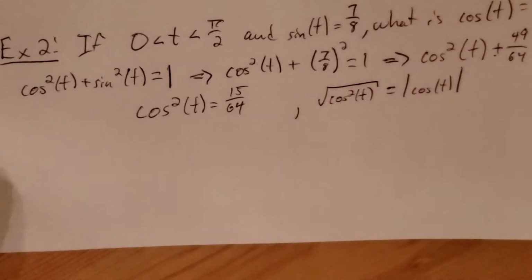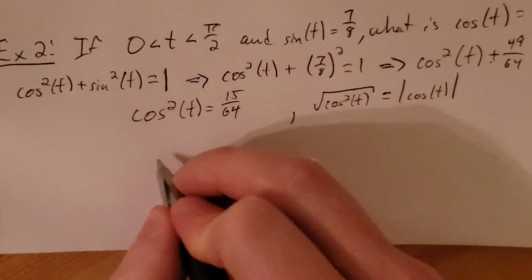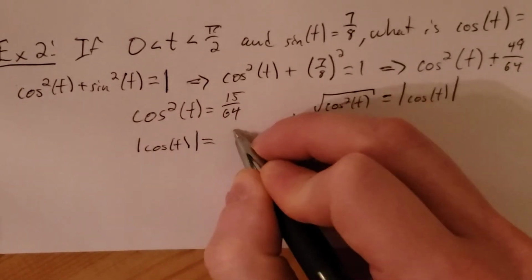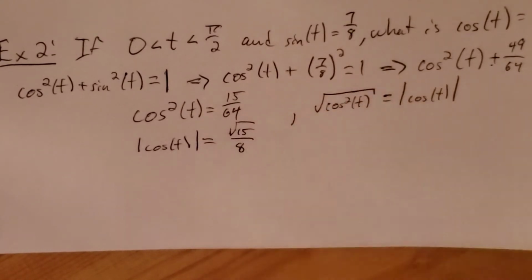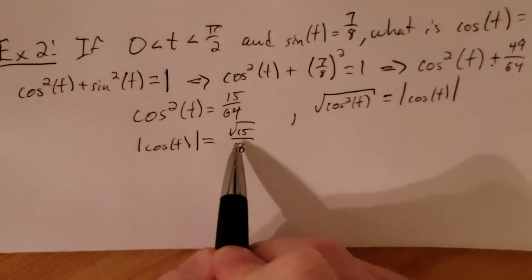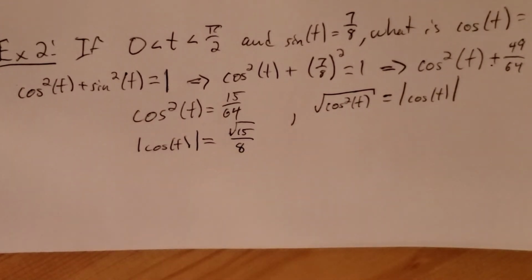So this is the absolute value of cosine of t. So the absolute value of cosine of t is equal to square root of 15 over 8. So then the question is, is cosine of t positive root 15/8, or is cosine of t negative root 15/8?